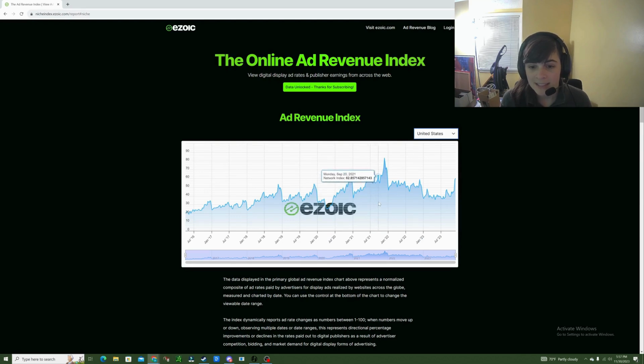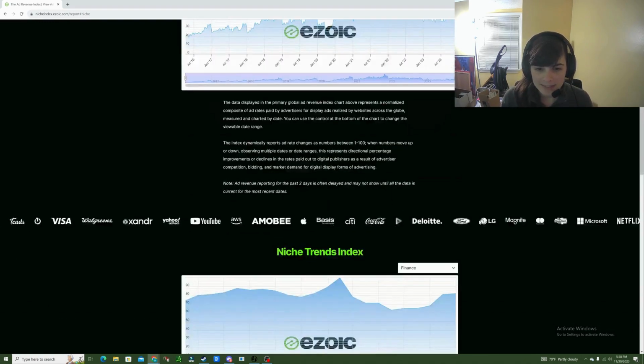In 2021, there was a ton of growth across the year. 2022 is actually pretty flat. Very interestingly, it didn't go up much in the holiday season. But now we can see towards the end of 2023, going up to November 27th, we have a huge jump in the index.